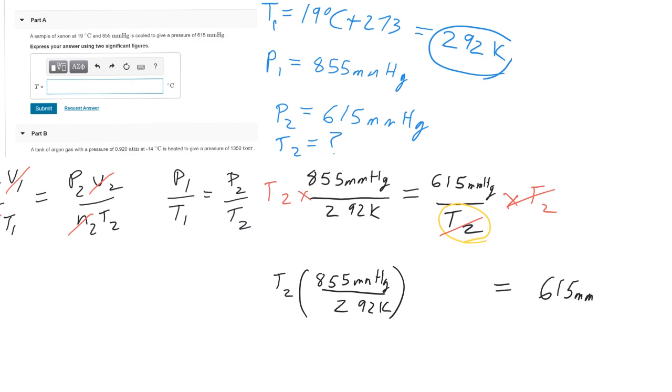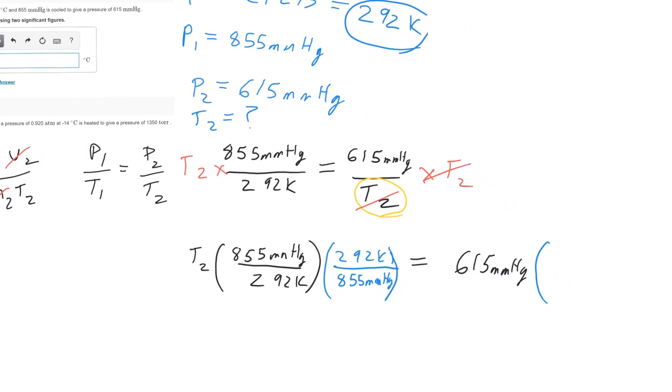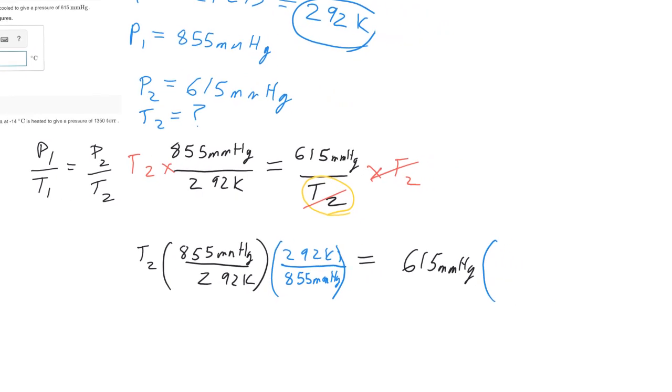615 millimeters of mercury. I need to get T2 by itself now that I've gotten it up from the bottom. So I'm going to multiply by the reciprocal here so that our T2 is by itself.